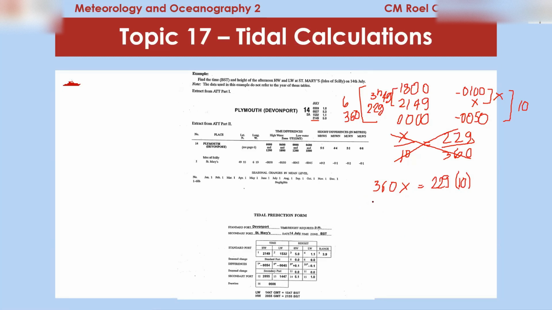Okay, so we transpose. Paano natin i-transpose? Tingnan natin yung inyong galing. Okay, so how to transpose this one? Do you remember? Divide both sides by 360. So tama. Okay, divide both sides by 360.